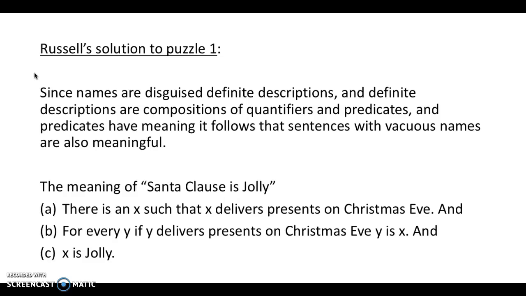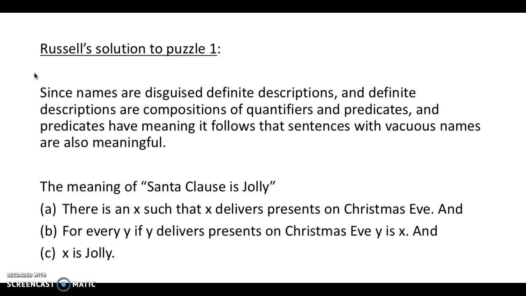The proper logical structure of that would be something along the lines of: there is a thing such that that thing delivers presents on Christmas Eve, and for anything, if that thing also delivers presents on Christmas Eve, then it has to be numerically identical to the original thing, meaning there is one and only one thing that delivers presents on Christmas Eve.